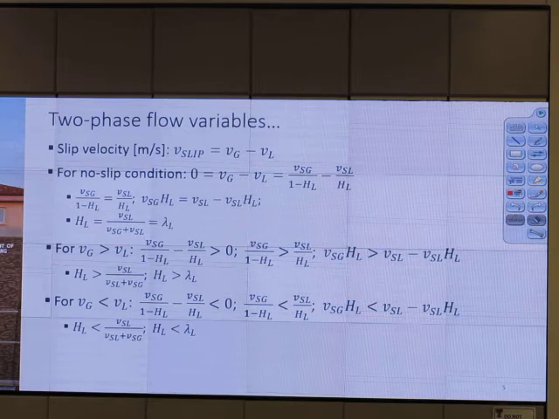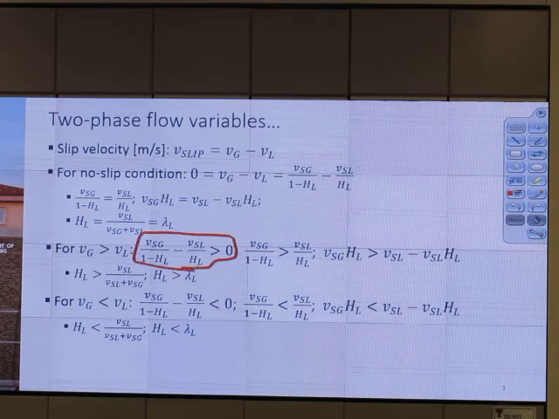Just math, right? So take a look at this. For gas velocity to be higher than liquid velocity, VSG divided by 1 minus HL minus VSL divided by HL will be more than 0, because slip velocity is more than 0. Good? So this case is where we have slip.